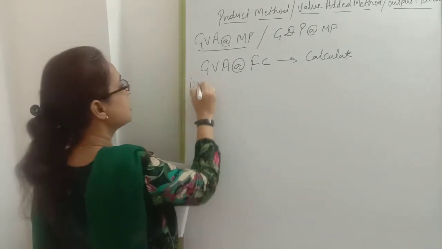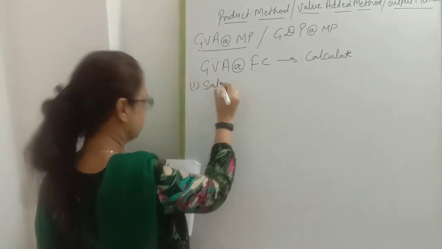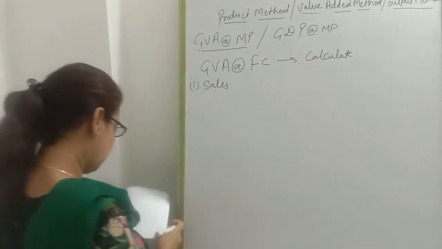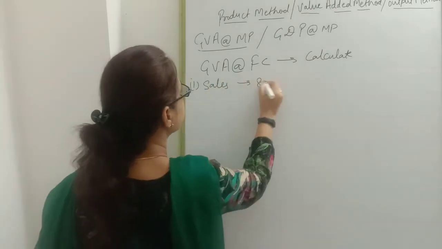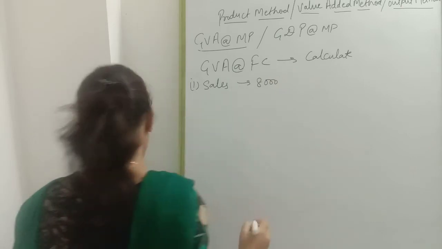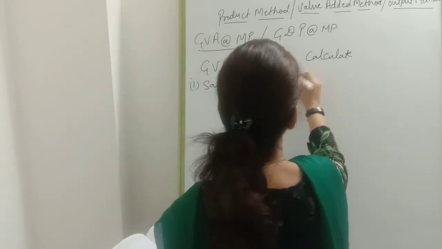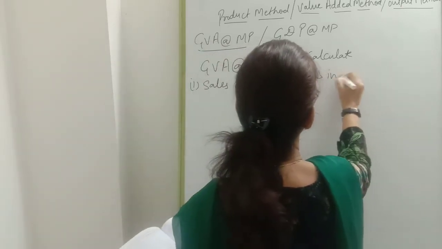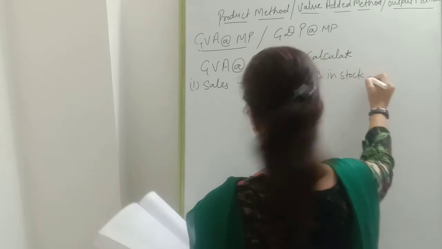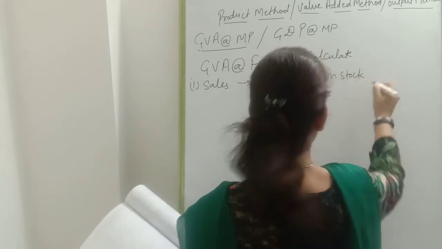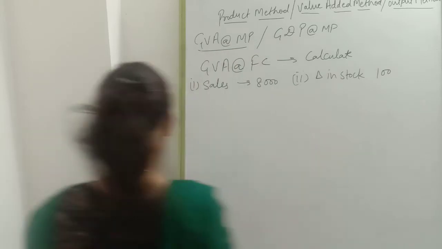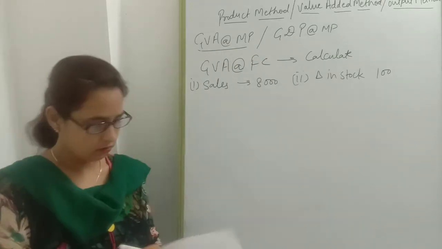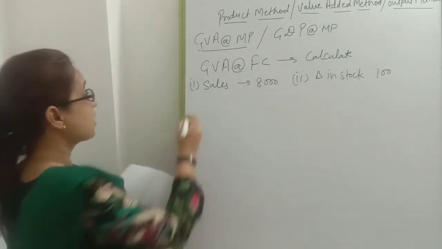First, sales. How much is it given? 8,000. Second, change in stock. That is 100. Next, subsidies.